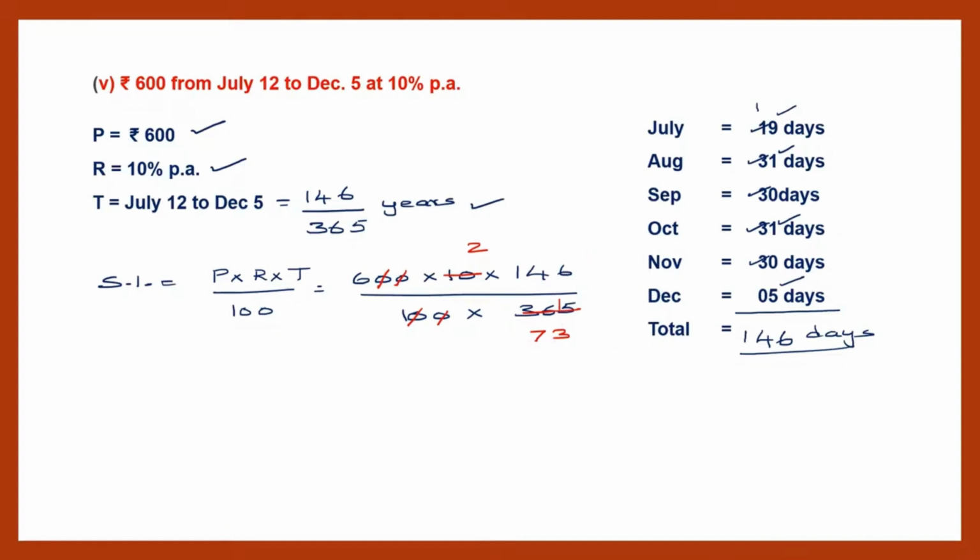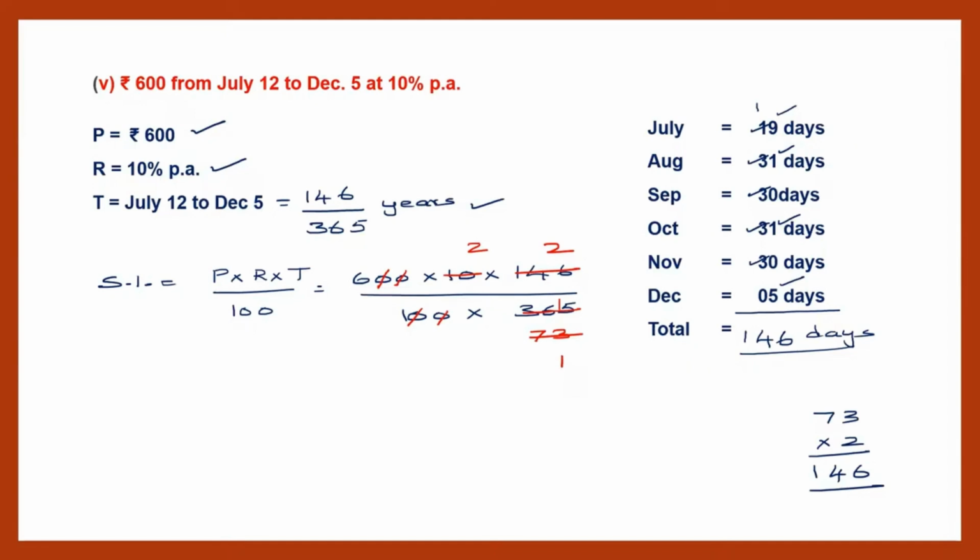Now let's multiply 73 into 2 and see what we get. 2 threes are 6 and 2 sevens are 14. So we have 146. That means I can cancel 73 and 146. So 73 ones are 73, and this is into 2. 2 will give us 146. So now we finished all our cancelling.